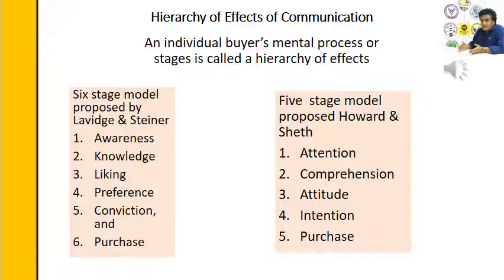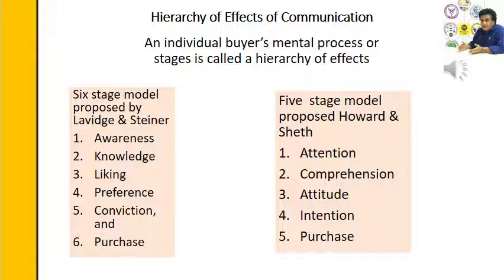So awareness is the first stage, and then he will try to gather more knowledge about it. If you are still able to make your messaging successful or interesting, after knowledge he may develop a liking for your product and services, and then he may compare it with the other products and services, and then he will have his preference for your product over other products, or he may drop your product.